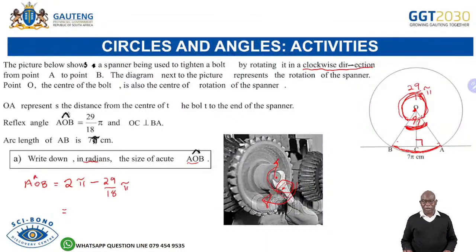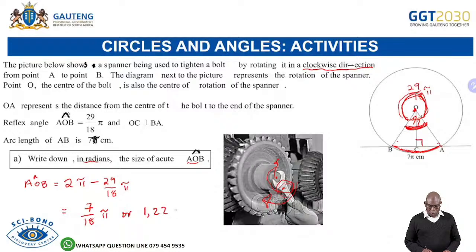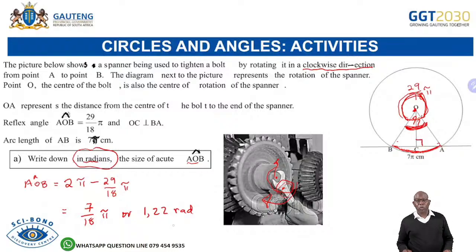You can use your calculators to do that. And the answer that I think you'll get is 7 over 18 pi, or you can write it as 1,22 radians. So remember, we want it in radians. They said they want it in radians, not in degrees. So it's 7 over 18 pi or 1,22 radians.